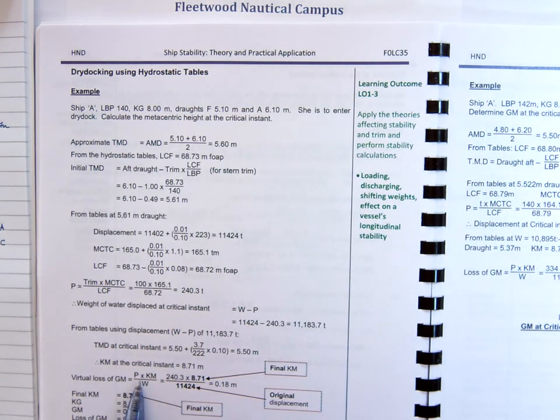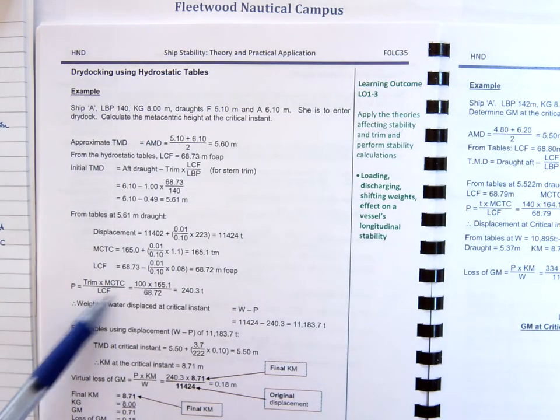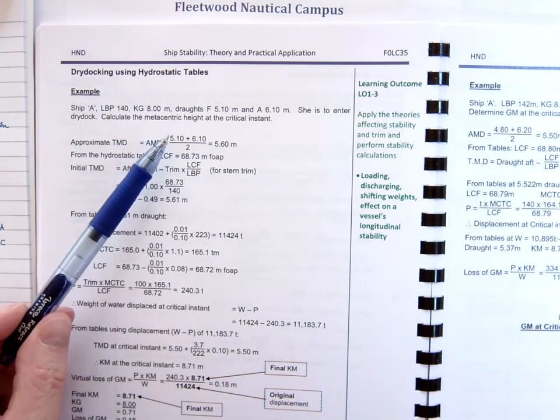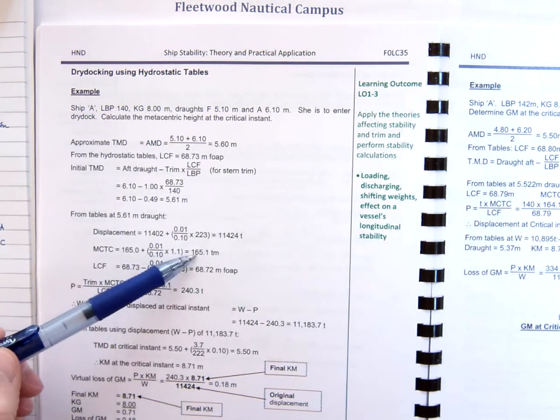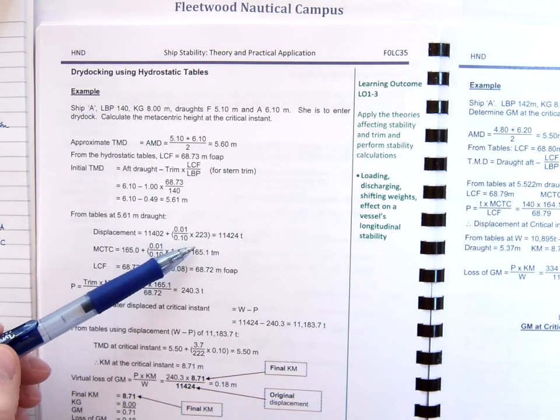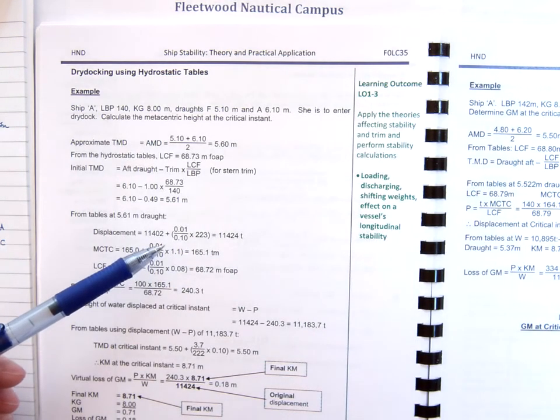P, this P force, we have to use this formula here initially to work out. So to get the metacentric height at the critical instant, we're going to calculate the loss of GM, and then compare it to our solid GM, and see what the difference is. But before we can do that, we have to work out the P value.